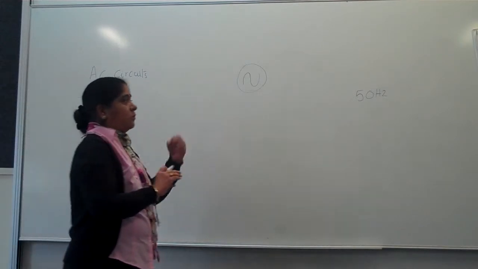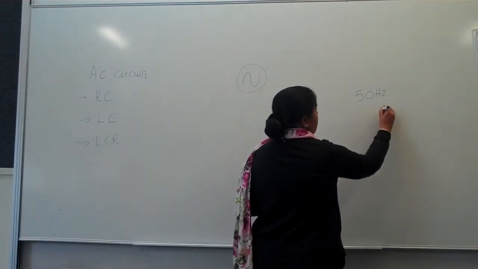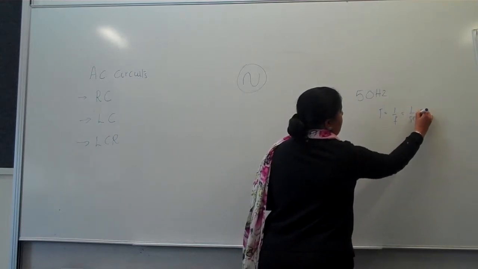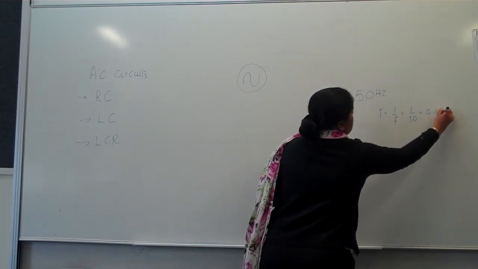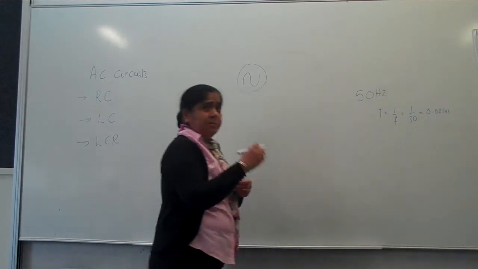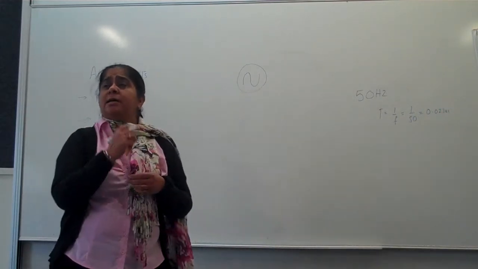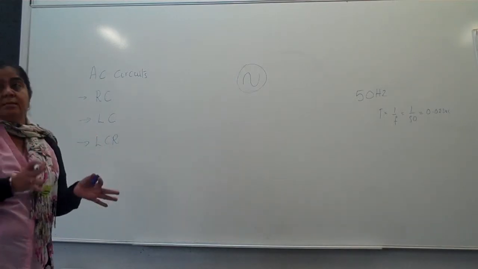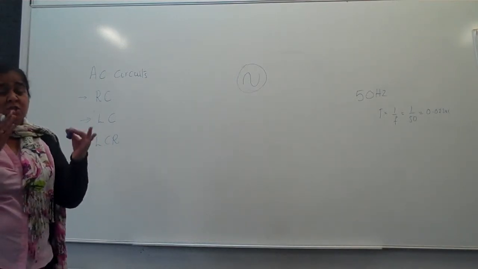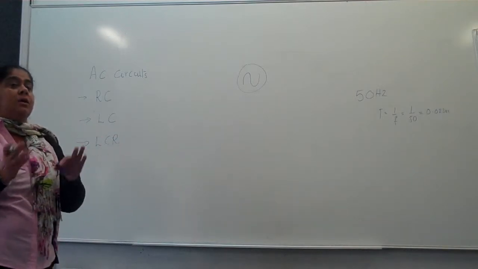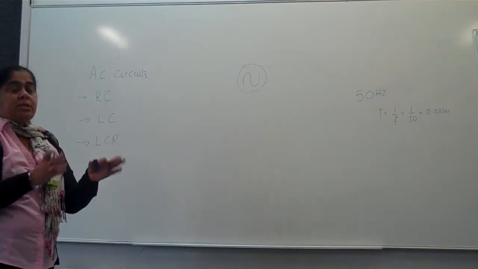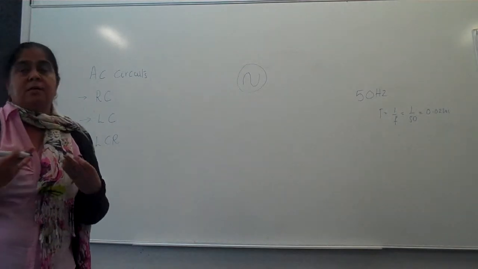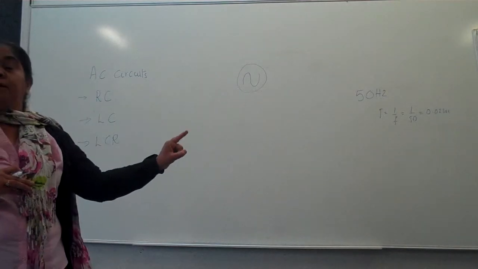If we know the frequency, we can work out the time period is 1 over f, which comes out to 1 over 50, 0.02 seconds. That means current is changing direction every 0.02 seconds. And because that's such a tiny fraction of time, we hardly notice the current changing direction in our homes. The power supply that we have in our home is alternating current.